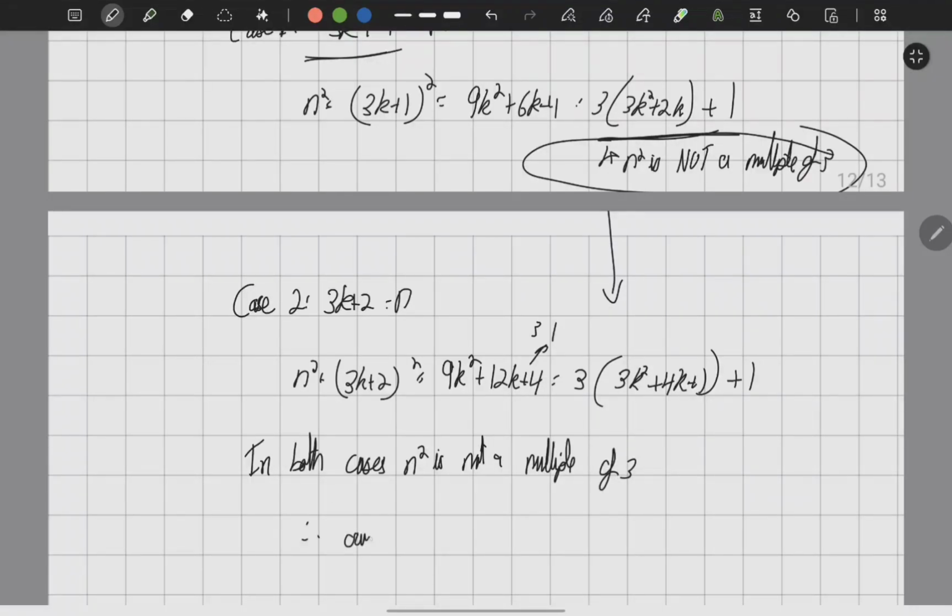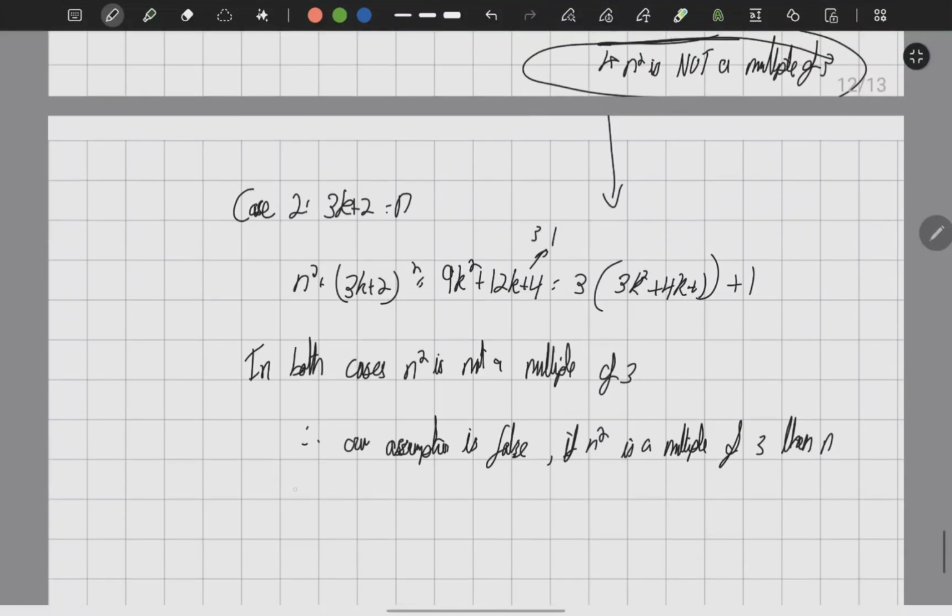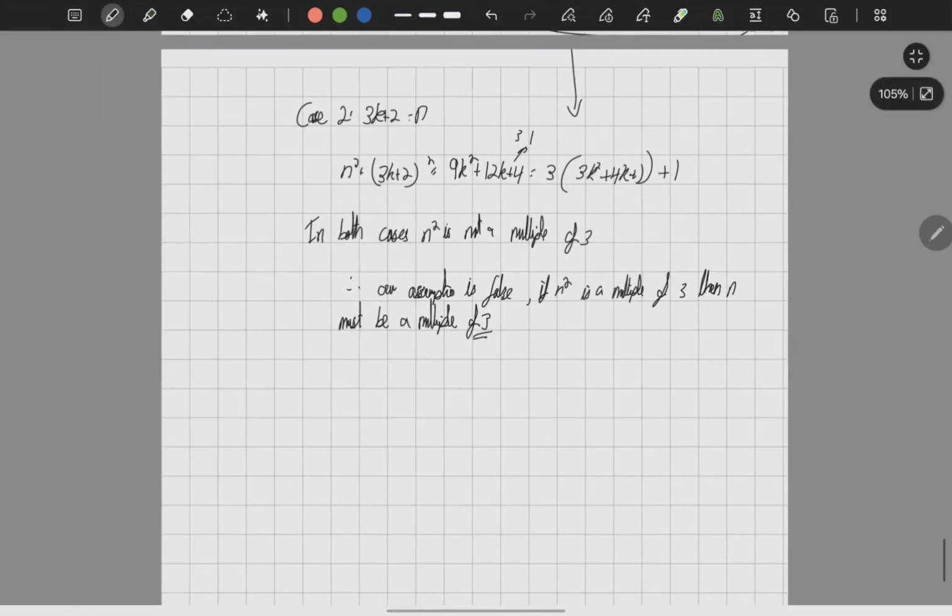Therefore, our assumption is false. If n squared is a multiple of 3, then n must be a multiple of 3. There we go.